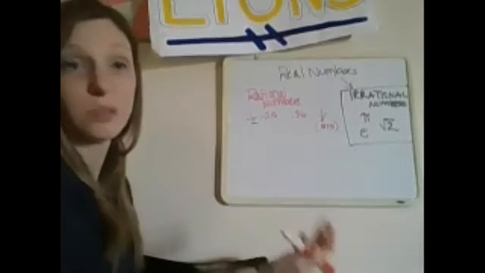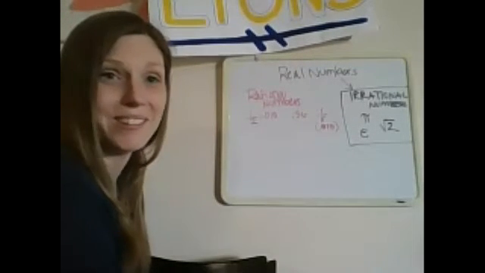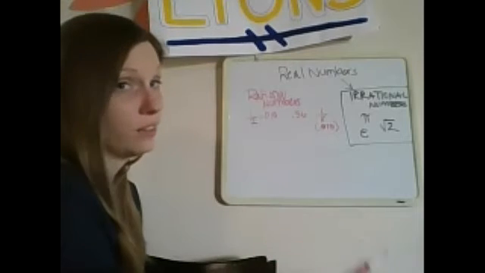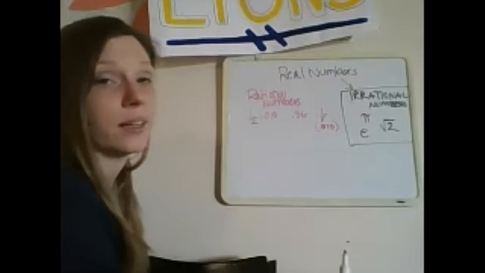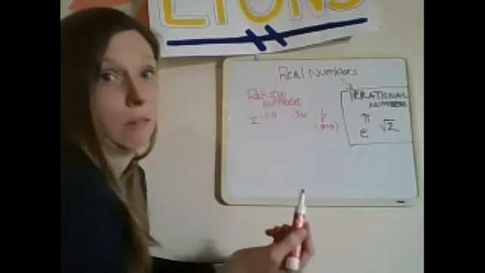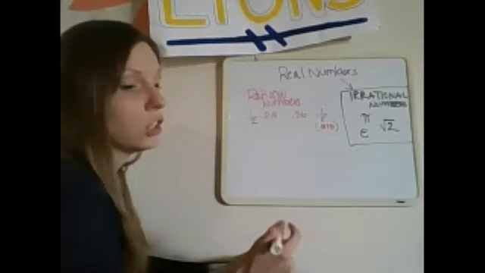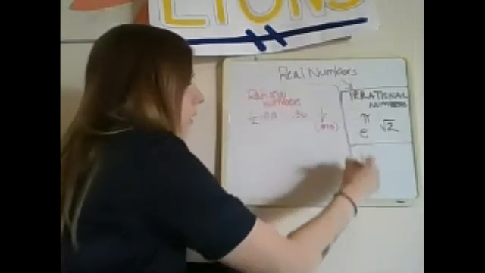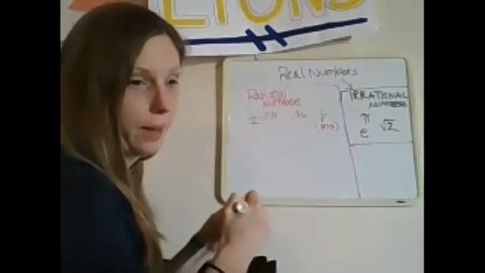So that one has 3 decimals, but it still ends. It's not like pi, which is going to go on and on for infinity until, I don't know, the universe ends. Who knows? So this whole side we're going to call the rational numbers, okay?